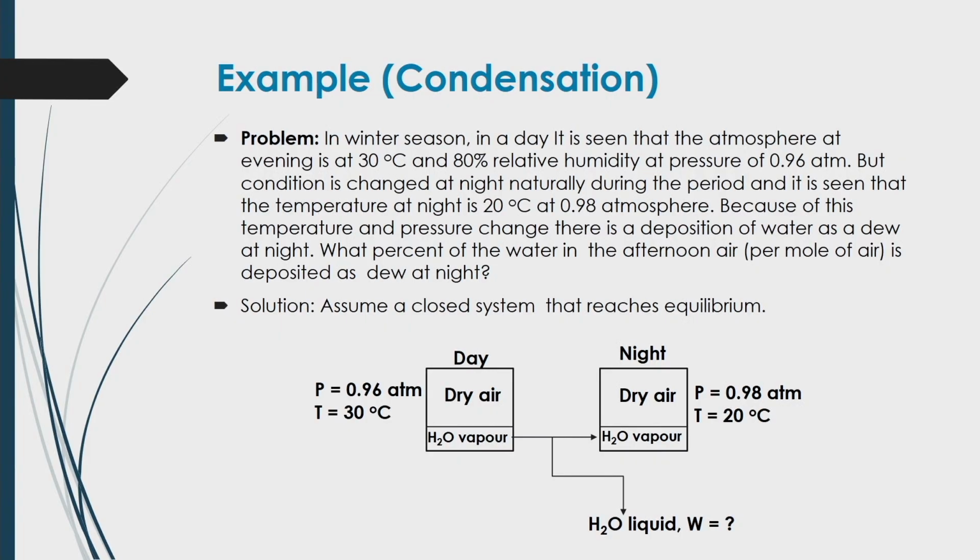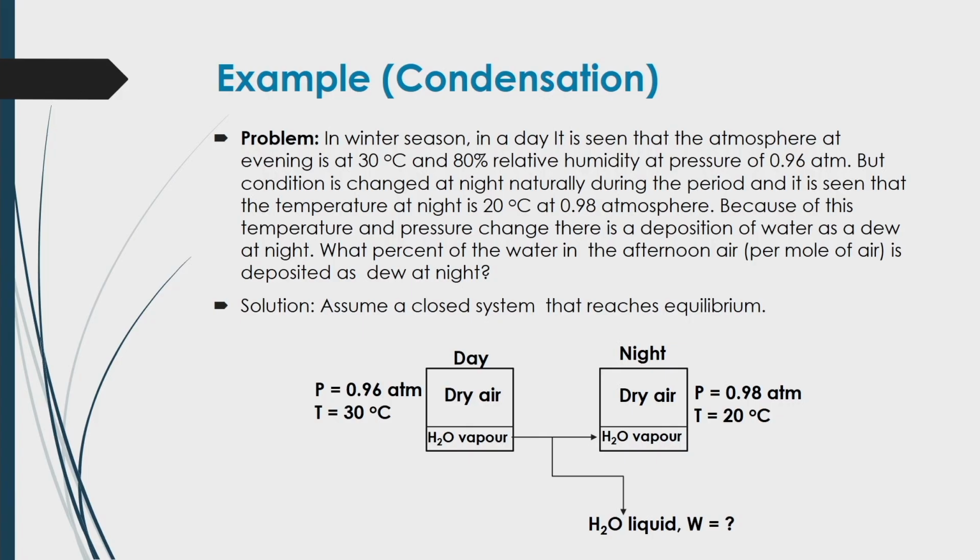Now, at this condition you have to find out what should be the percentage of the water in the afternoon air, per mole of air, which is deposited as dew at night. Basically, you have to find out the percentage of water that is condensed as dew at night.